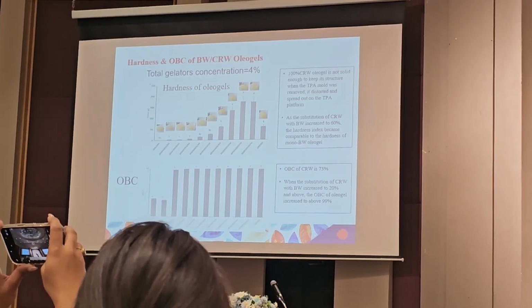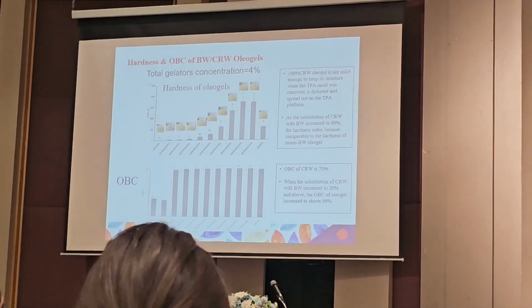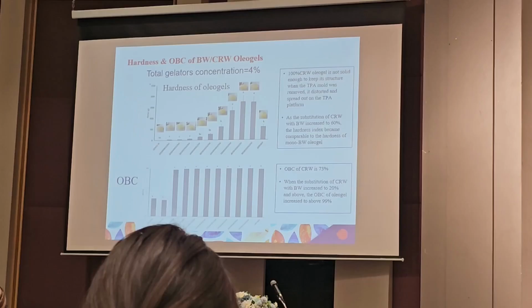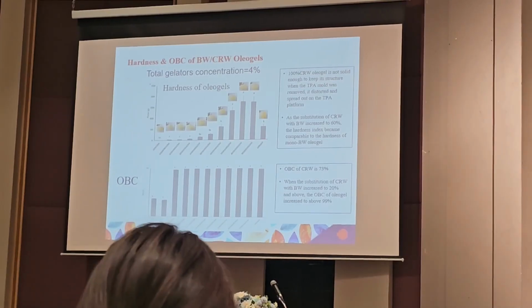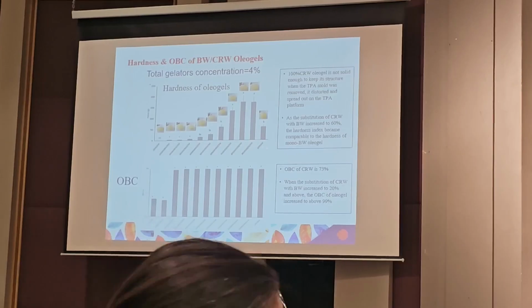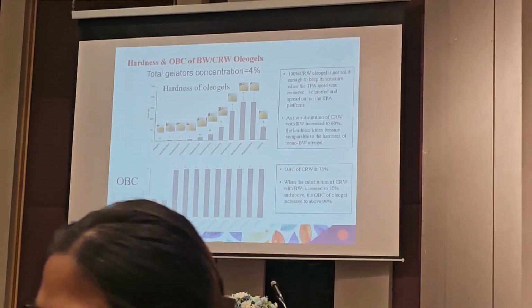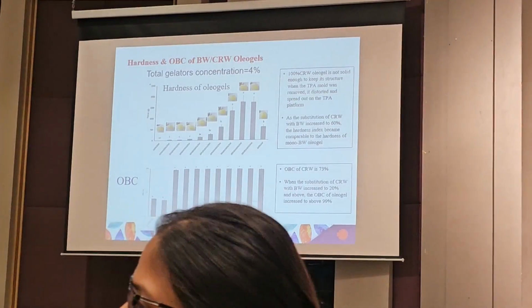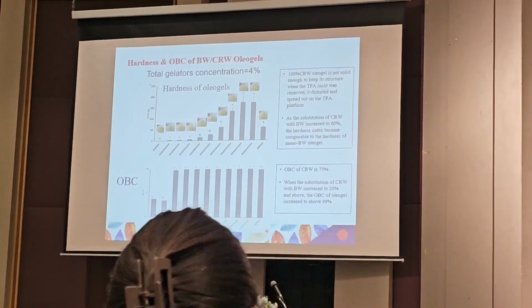These are some of the results of this part. To the left, we've got 100% carnauba wax, and to the right, 100% beeswax. In between, we're changing that ratio: 90-10, 80-20, 50-50, and again 90-10. We can see that carnauba wax cannot create a self-sustained oleogel.